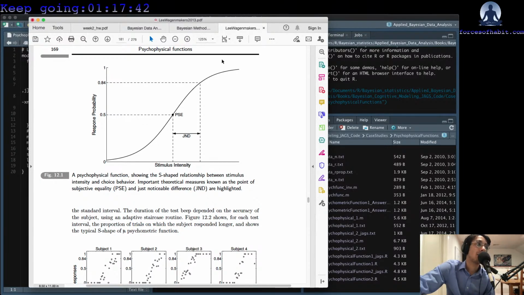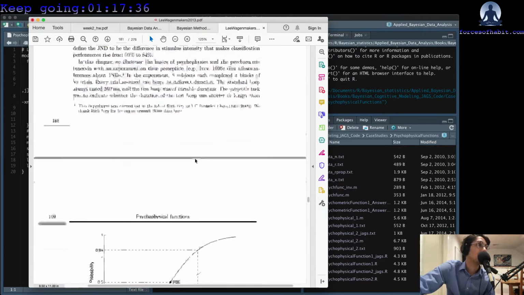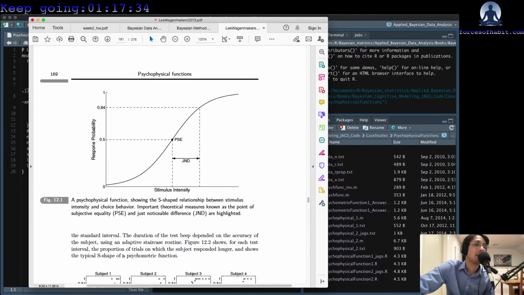That comes to mind and might be pertinent to what we're going to see in the future, because this is a common case made for why we use a link function for problems related to binary responses.